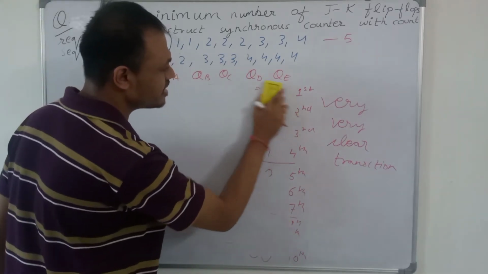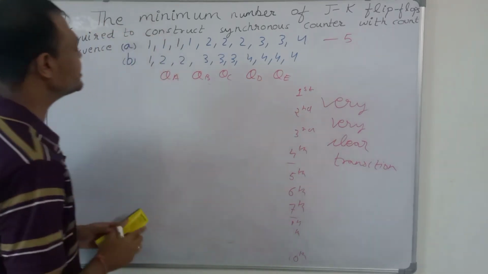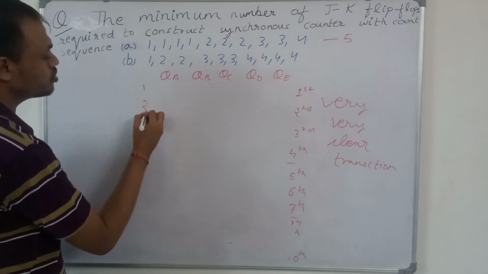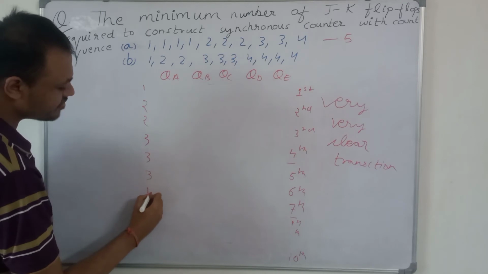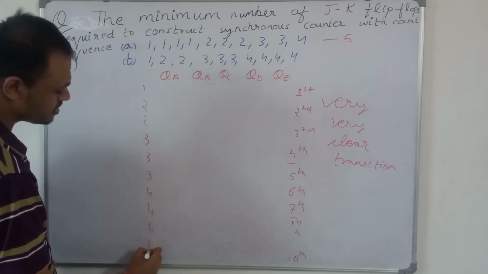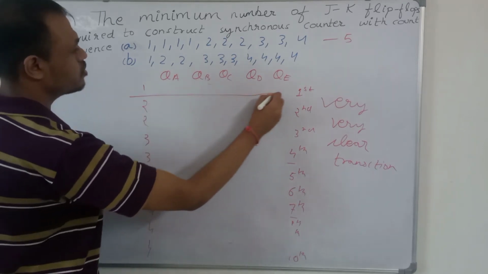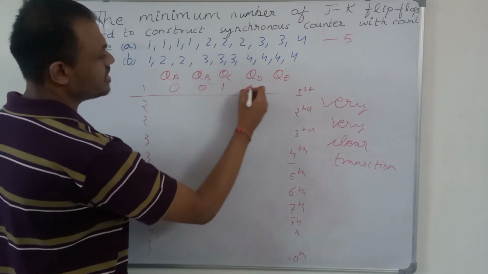Now we are coming to the second sequence, 1 2 2 3 3 3 4 4 4 4. 3 is repeating 3 times, then 4 is repeating 4 times. So for 1 we use 0 0 1, and the additional flip-flops 0 0.